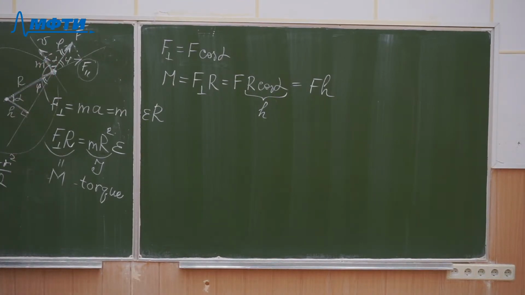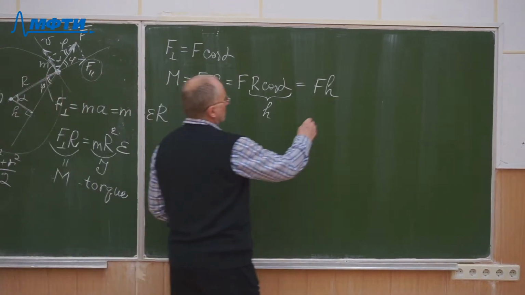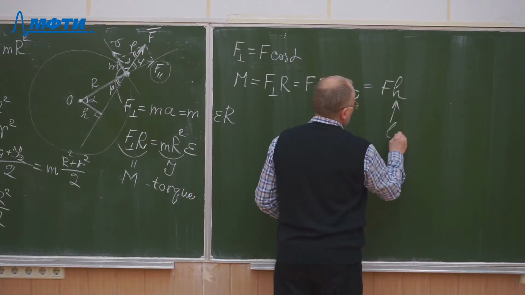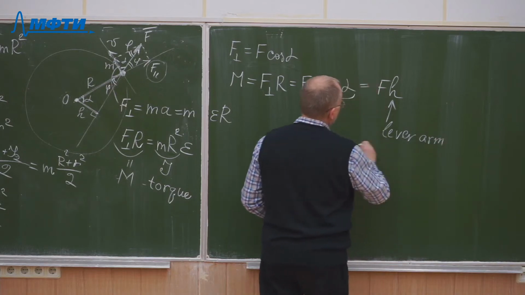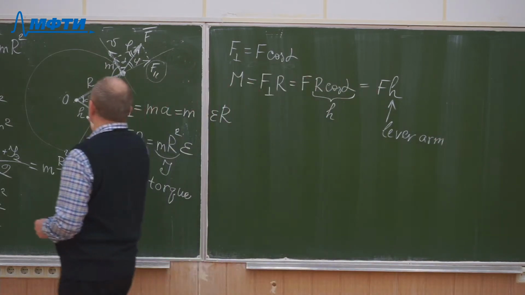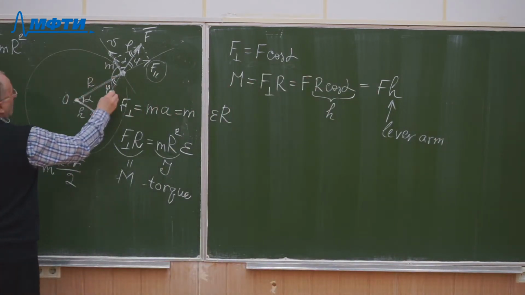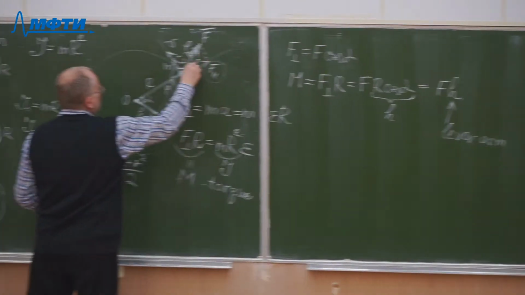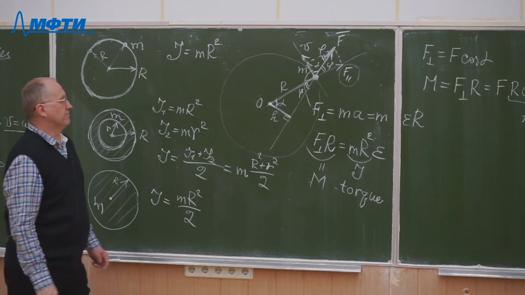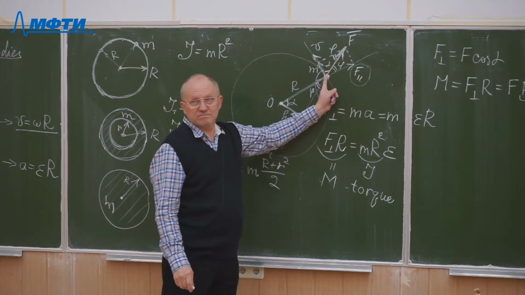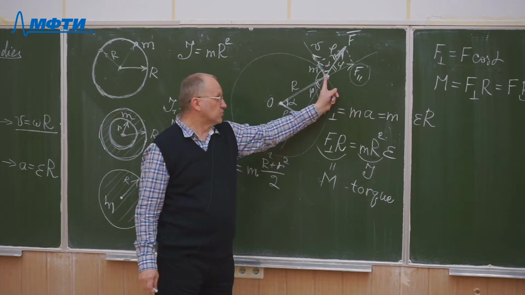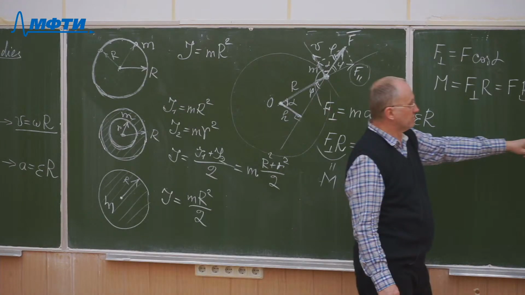H is called the lever arm, or simply the arm of the force. So this might be called the arm of the force F acting on the body. H is the arm of the force F, or it's sometimes called a lever arm.